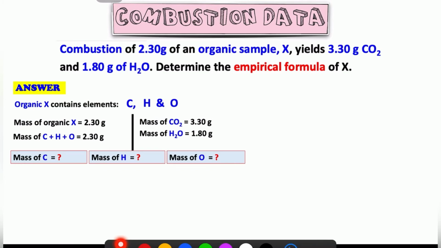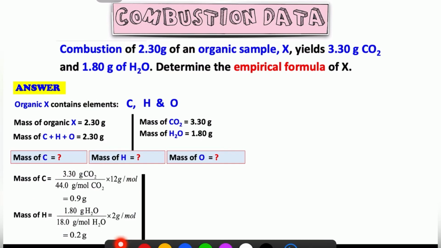So, how to get the mass of the carbon, the mass of the hydrogen, and the mass of the oxygen? From the products, you can see that carbon is in carbon dioxide and hydrogen is in H2O. Oxygen is in carbon dioxide and also H2O. So let's see how to get the mass of the carbon from the carbon dioxide.